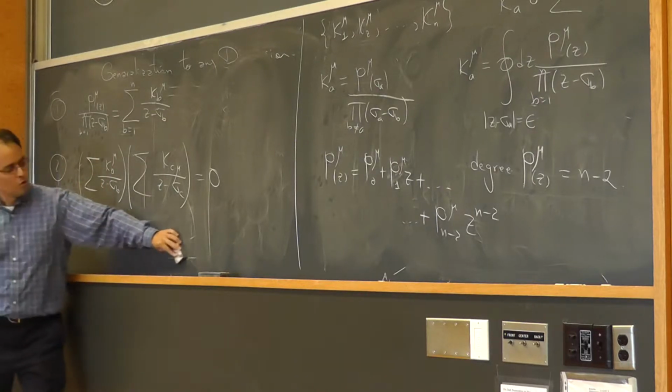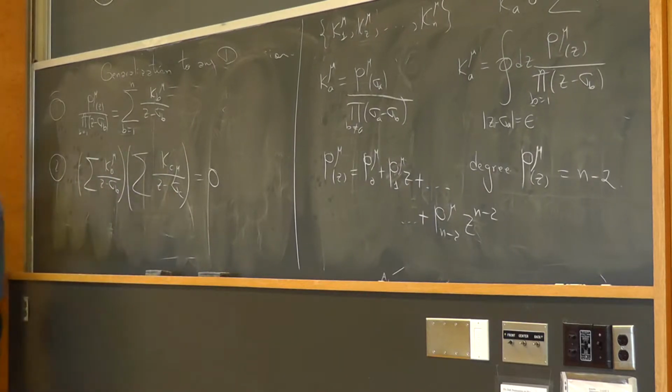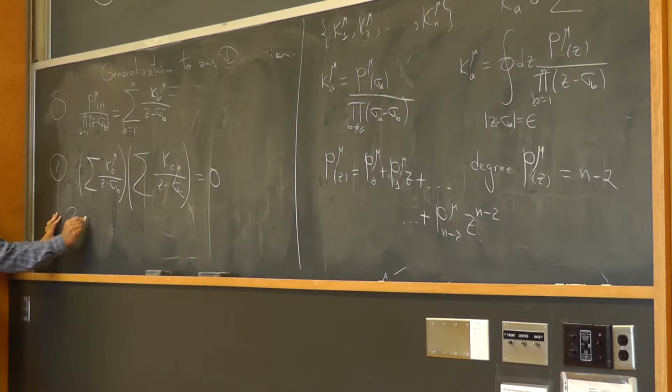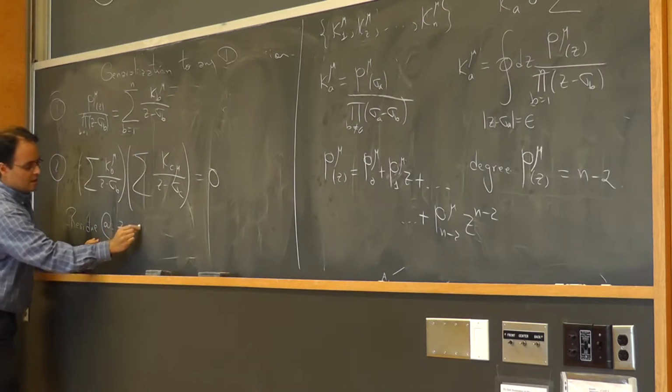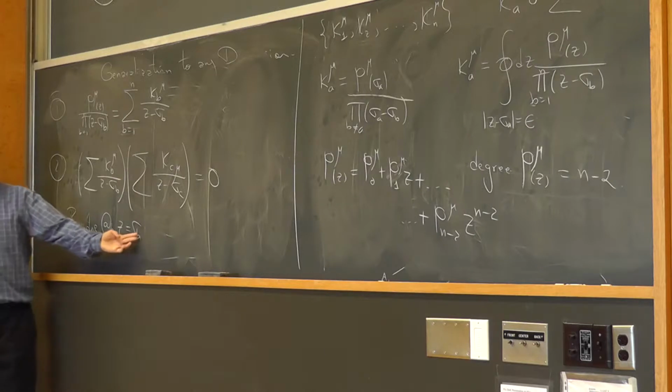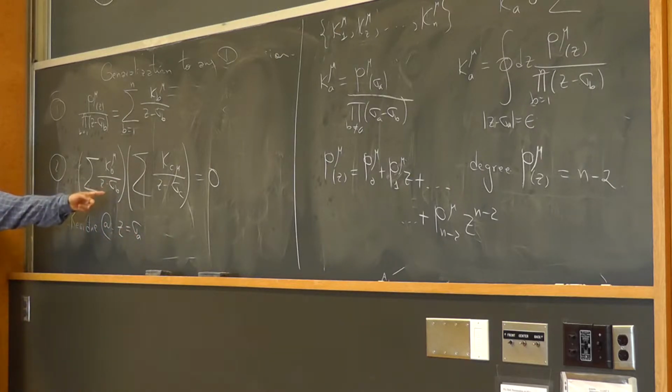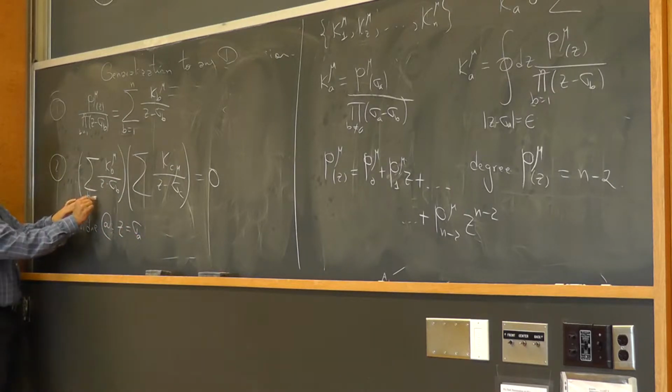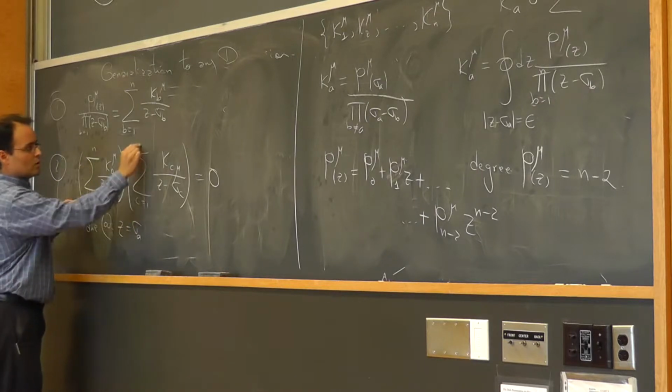But the location of the poles is nothing but the location of the punctures. So I have to compute the residue at z equals c_a and impose that such a thing is 0. Well, what is the residue at z equals c_a? That's very easy to see from here. I'm summing over b from 1 to n and c from 1 to n.